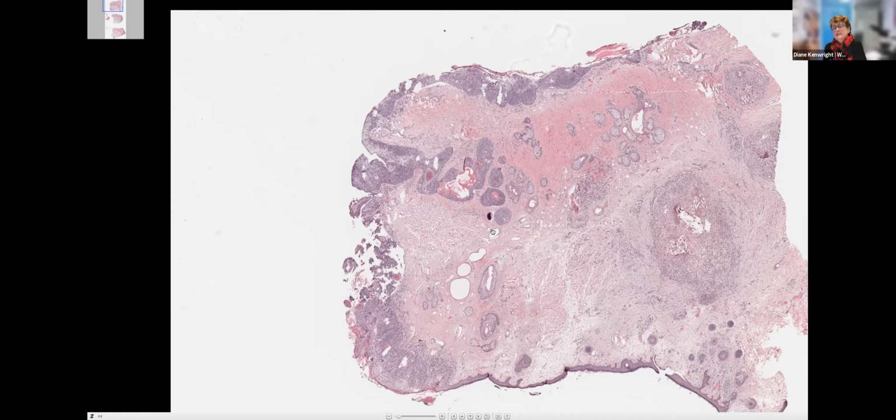Would we ask for this to be sent fresh so we could do an oil red O, Amanda? Well, perhaps in the olden days you might have done that, but now we have immunohistochemistry, and I just do immunohistochemistry. I don't bother with oil red O or frozen section because I don't want to waste the tissue and have it all fragment on frozen section.